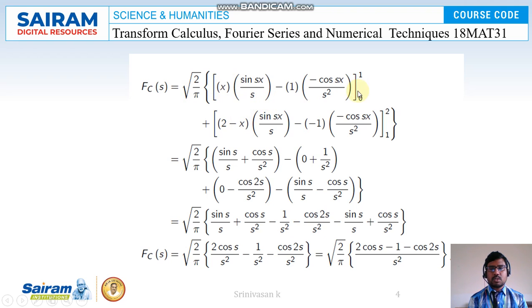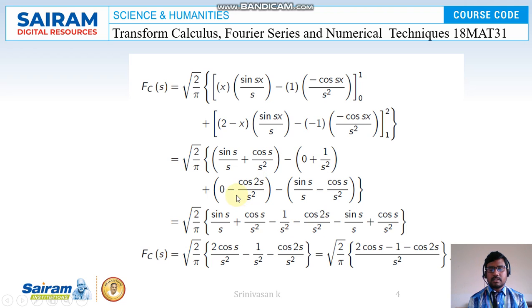In the first term, substitute the upper limit, x equal to 1: we get sin s divided by s plus cos s divided by s square. Substitute the lower limit: this is 0, and cos 0 value is 1, so we get 1 divided by s square. This is the first interval.